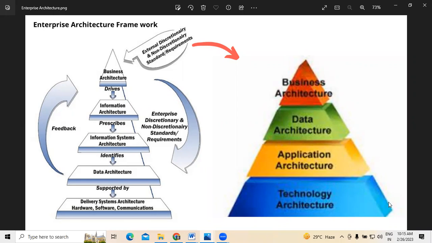Database tables and everything will be prepared by the database team. So how you are structuring the data, how you are storing it, how you are extracting it, and what precautions an organization is taking to keep it stable. All these things come under data architecture.